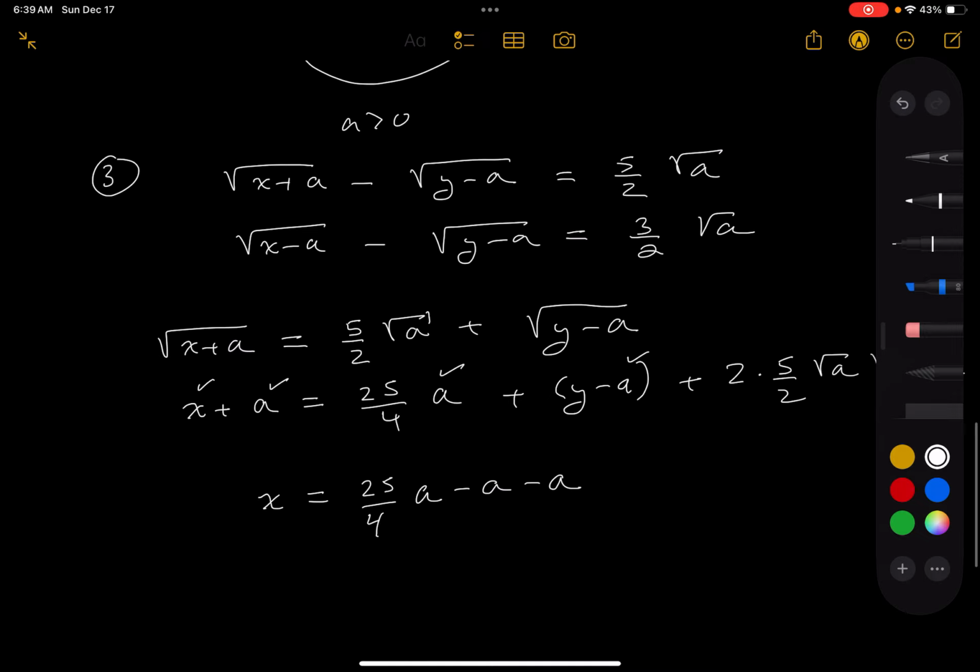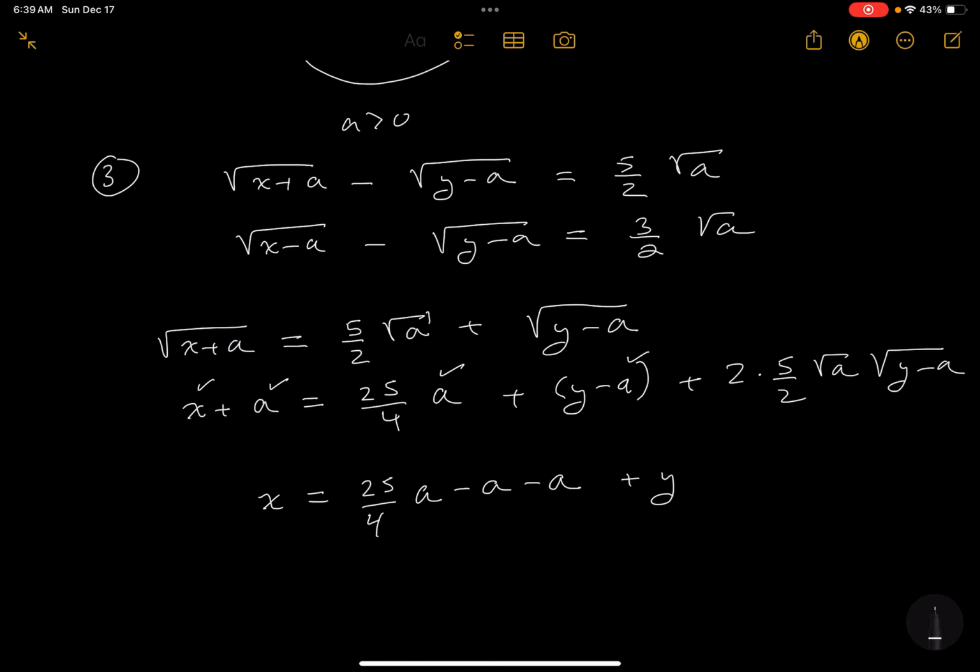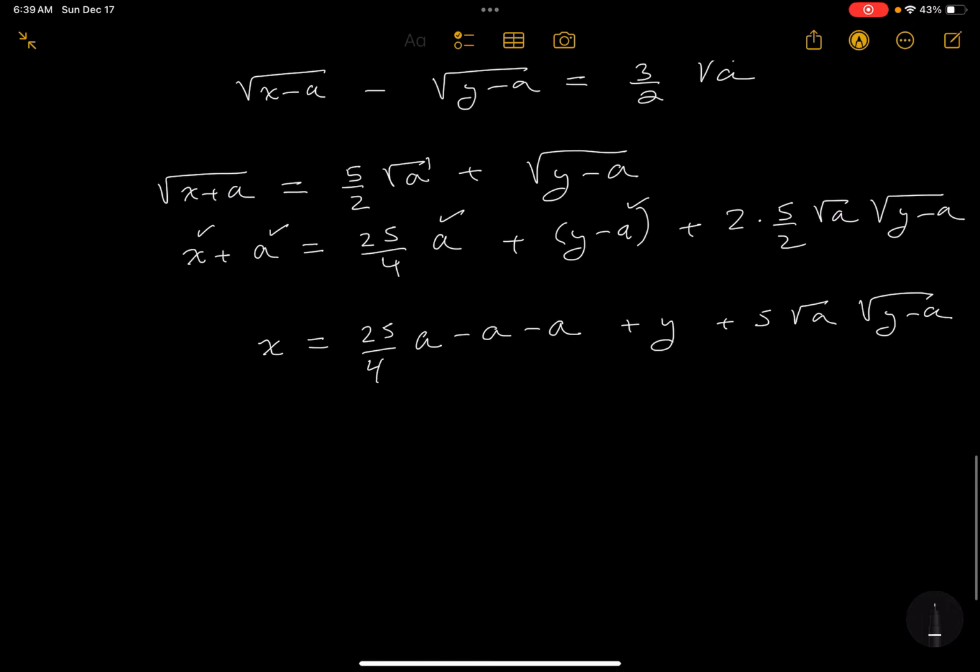And what do you get over here? Plus y. And then I get 5 root a, root y minus a. I'm still in the process of simplifying it, by the way. So let's write this down. X equals, let's see, take 8 from 25, which is 17 quarters now.